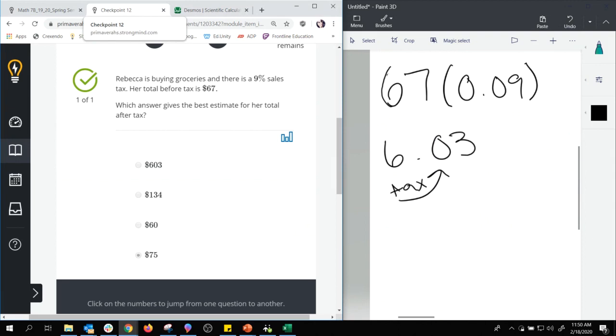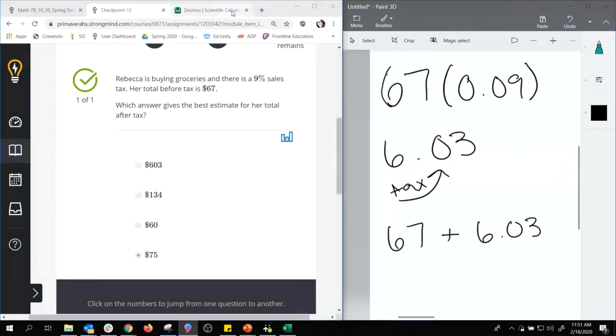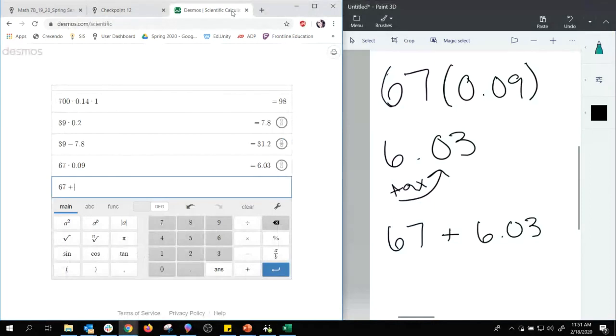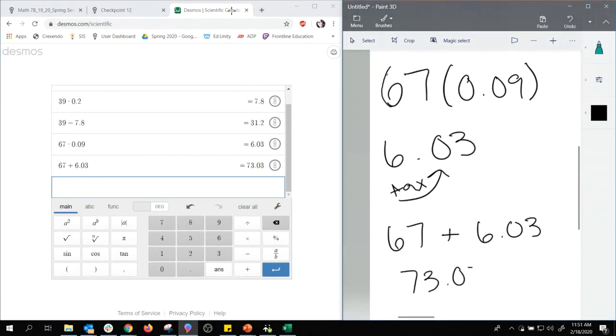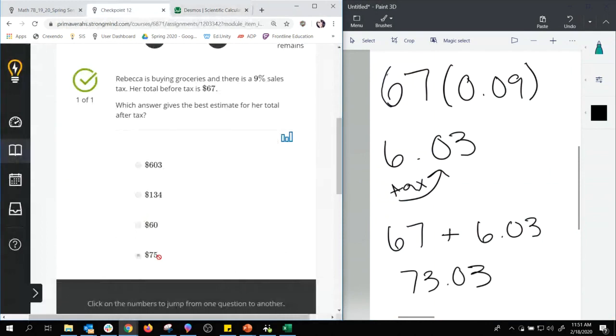It's added, right? So I want to do 67 plus that $6.03, which tells me that she'll pay $73.03, which is closest to around $75.